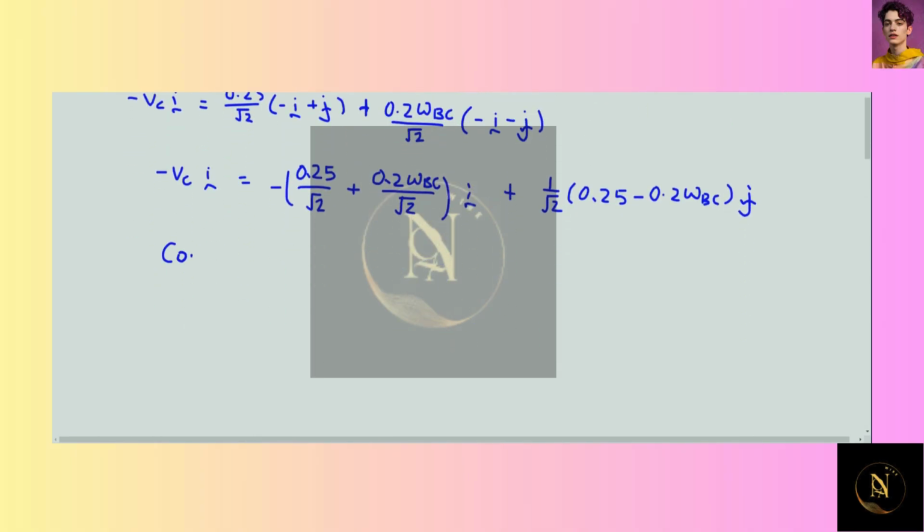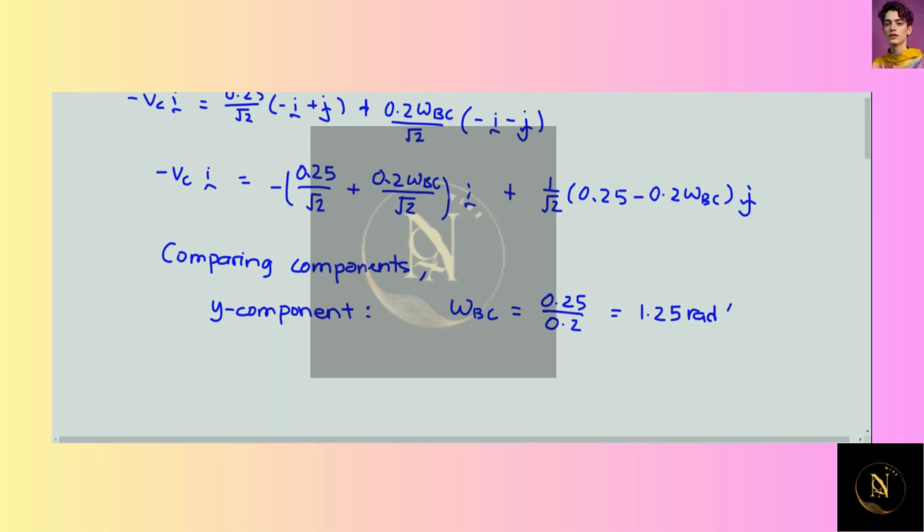So comparing components, we start with the y component because we can obtain omega BC straight away. So omega BC is 0.25 divided by 0.2. So this is 1.25 radians per second.